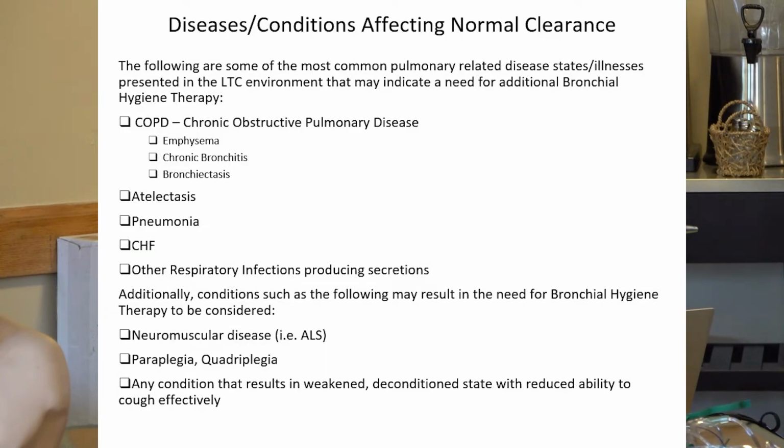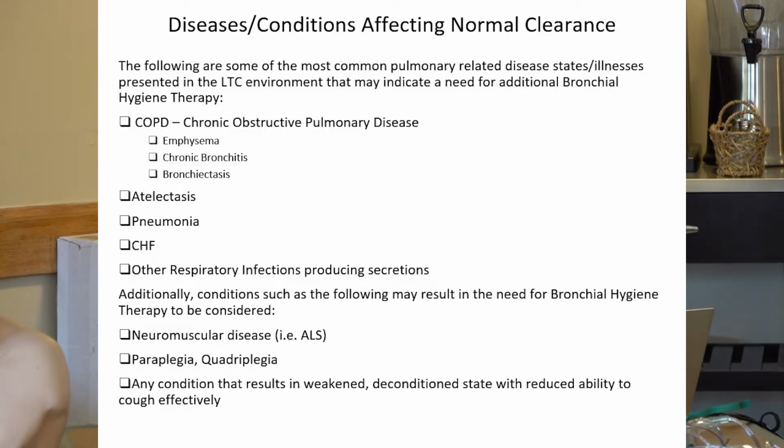Atelectasis. With atelectasis, typically I lose a lung lobe or a lung field. You'll see a whiteout. I have secretions in the lung that's completely full of fluid, so there's no air at all in it. Pneumonia, CHF. CHF is usually related to what? Heart failure. Right-sided heart failure, right? Okay.